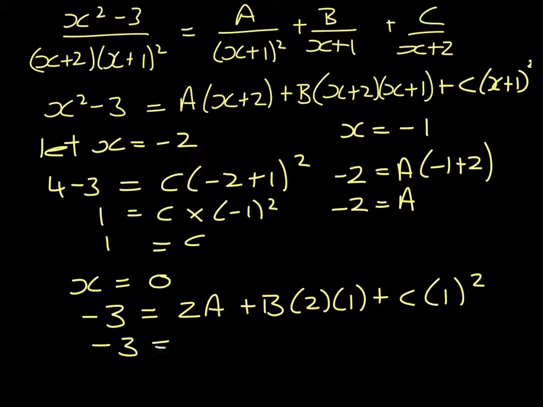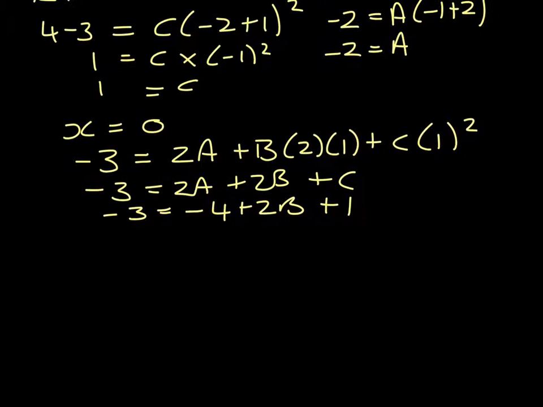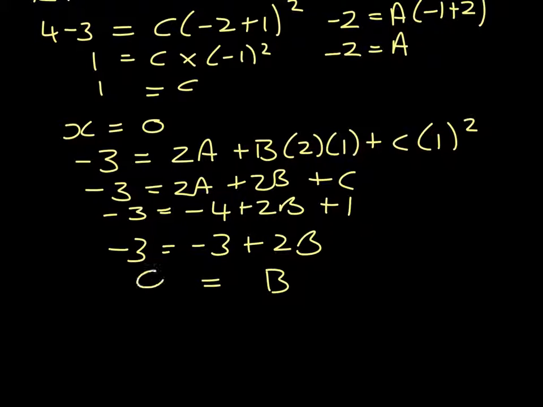So minus 3 equals 2a plus 2b plus c, and a is minus 2, b we don't know, and c is 1. So we have that minus 3 equals minus 3 plus 2b, so b must have been 0.